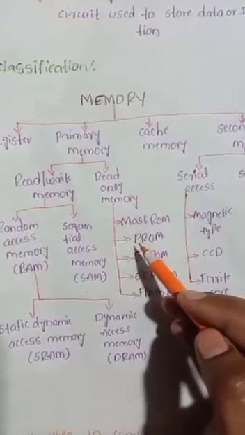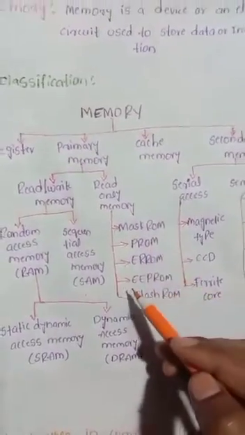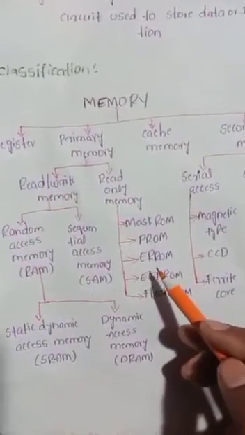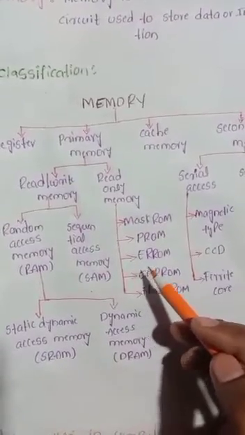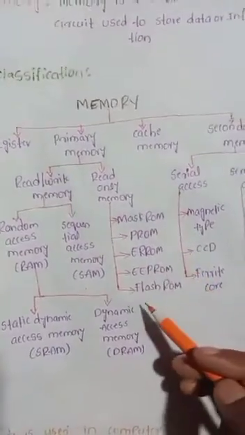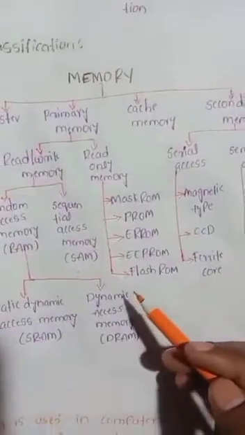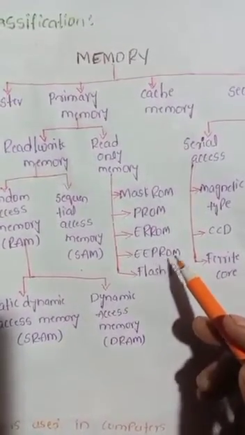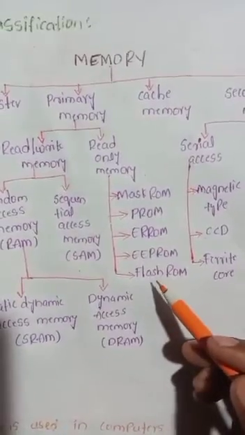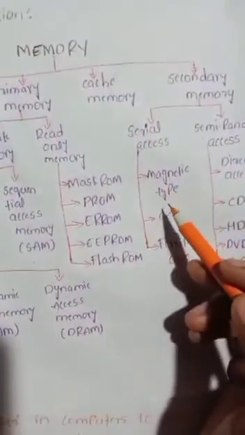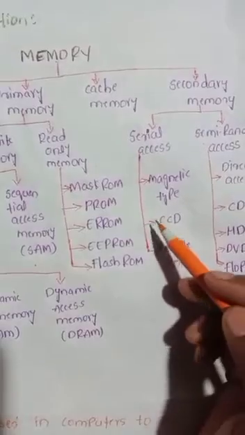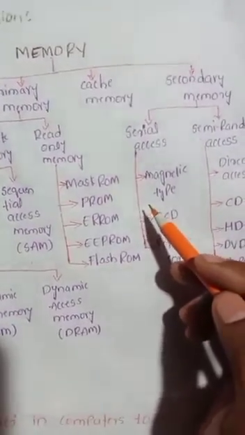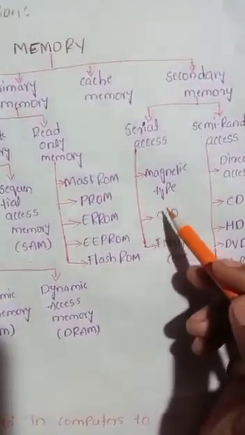PROM means programmable read-only memory. EPROM means erasable programmable read-only memory. EEPROM means electrically erasable programmable read-only memory. Then flash ROM. Serial access is divided into three types. They are magnetic tape, CCD, ferrite core.